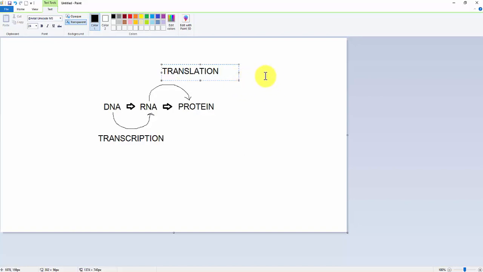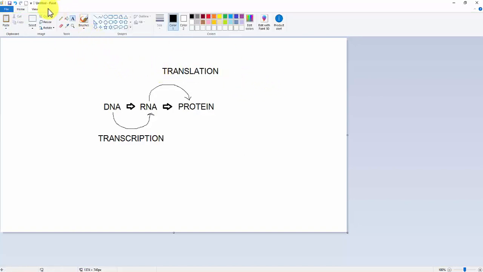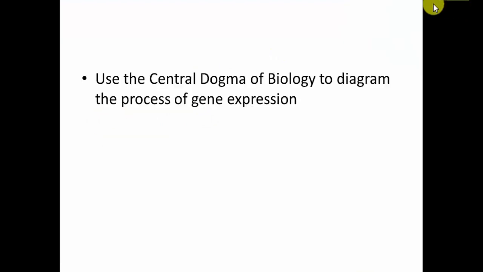So gene expression essentially follows the central dogma of biology, and it does so in two distinct stages: transcription, the conversion of DNA to RNA, and translation, the conversion of RNA into protein. And so we're going to look at this in two parts. We're going to start with transcription, and then we're going to look at translation. So this is how the central dogma can be used to diagram the process of gene expression.